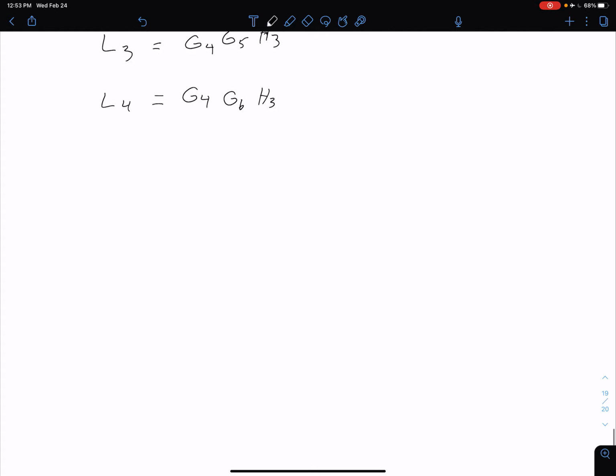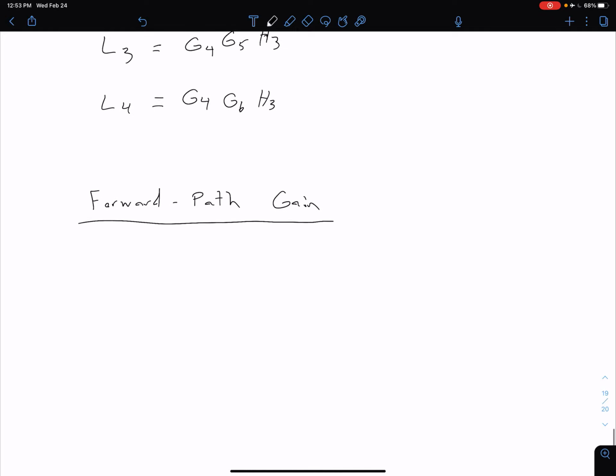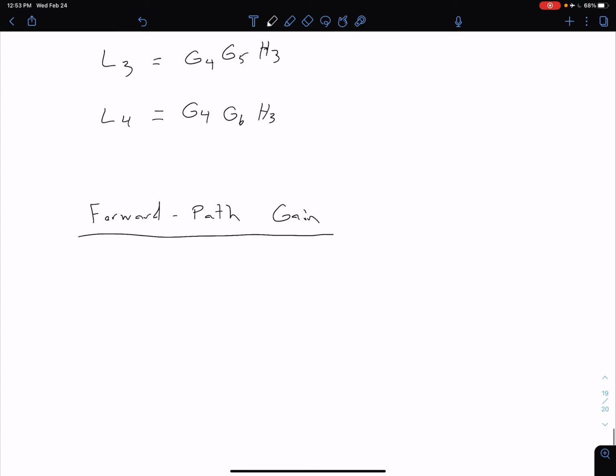The next important item that we want to talk about is our forward path gain. A similar idea to our loop gain, except now we're talking about the product of gains along a forward path.